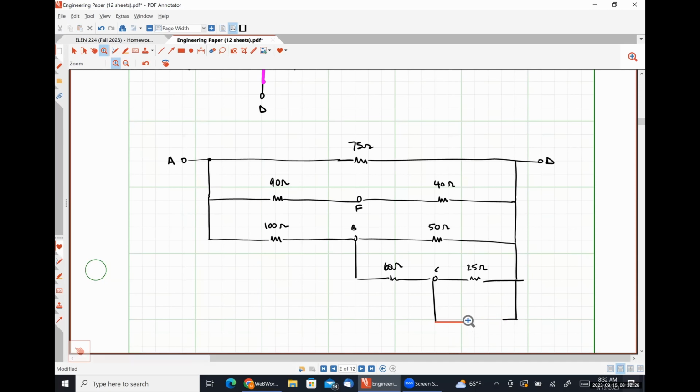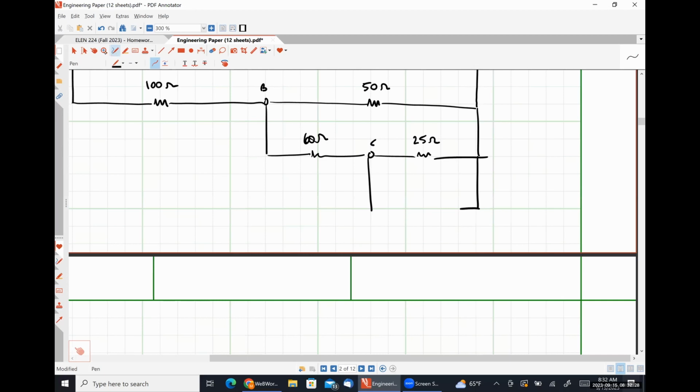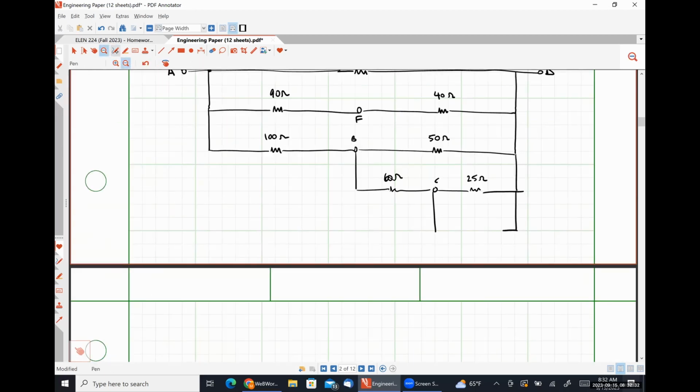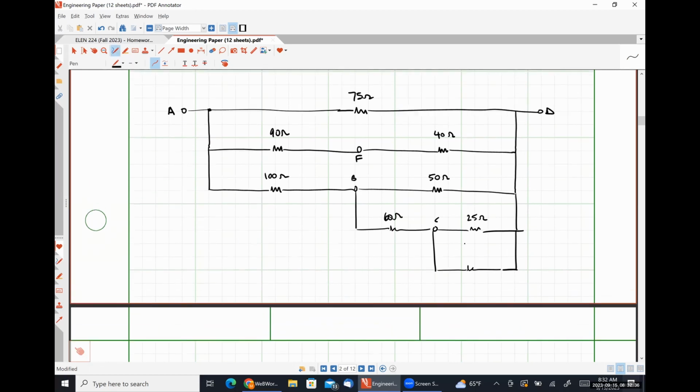And I'm just going to put a 40 ohm resistor. Well, now I can see that that 40 ohm equivalent resistance is in parallel with that 25 because they're both between terminal C and D, right?